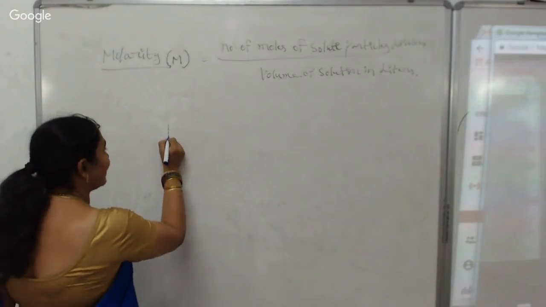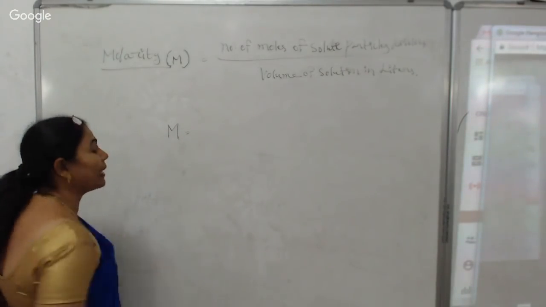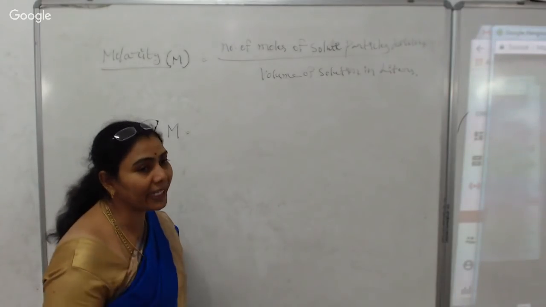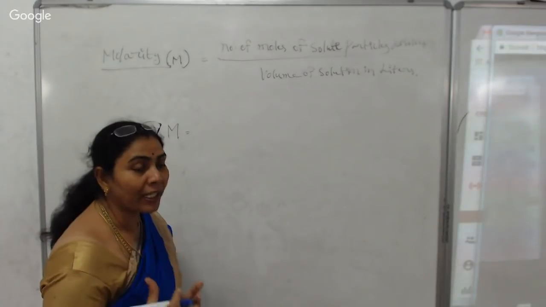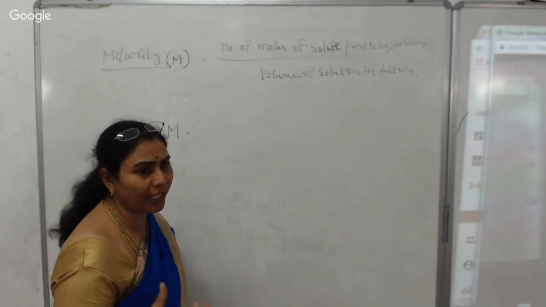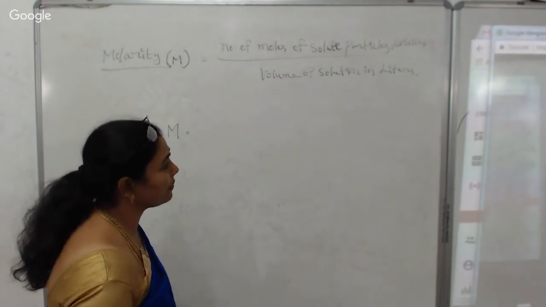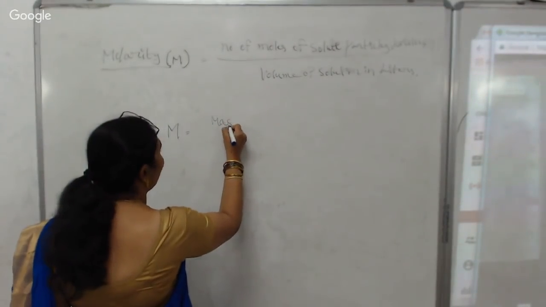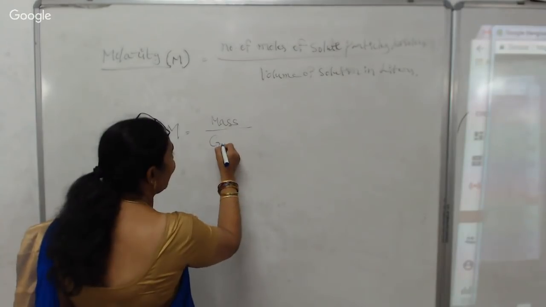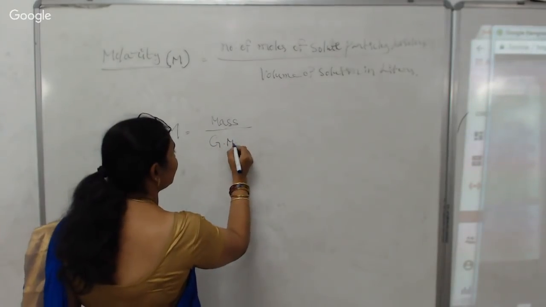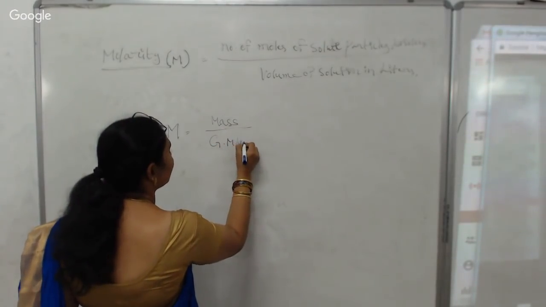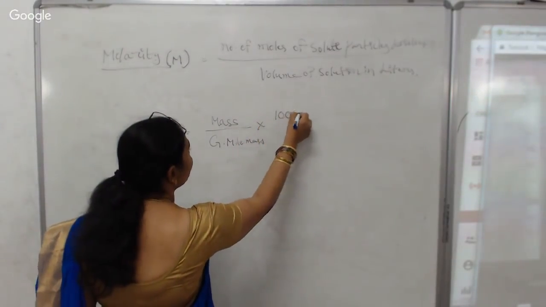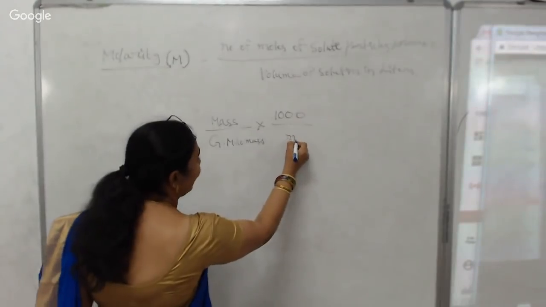How will you calculate the molarity? Every time in numerical problems, they will not give the volume in liters, they will give it in milliliters. If you want, you can convert milliliters to liters, otherwise this is an easy way to write: M equals mass of the compound divided by gram molecular mass, into 1000 by ml.